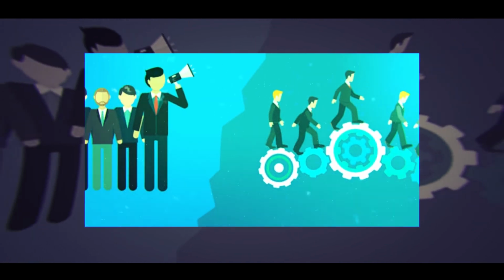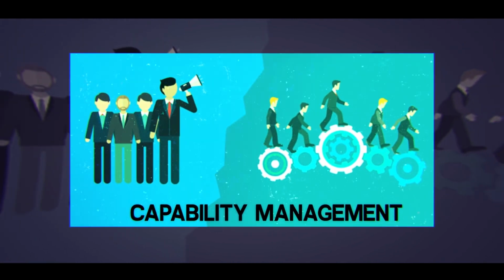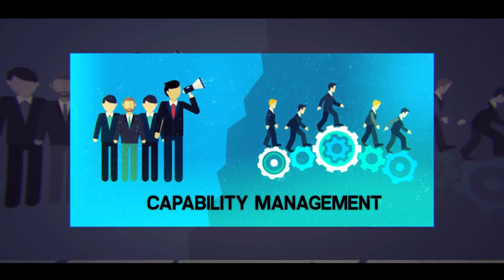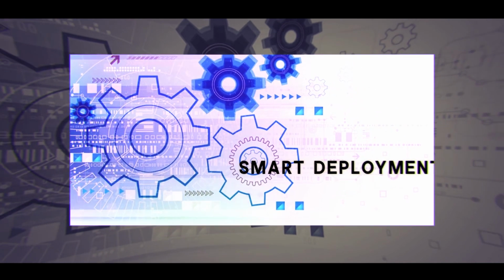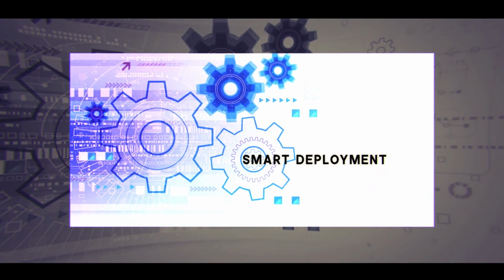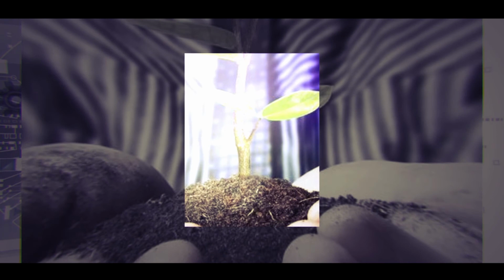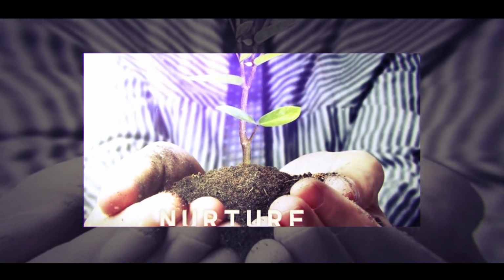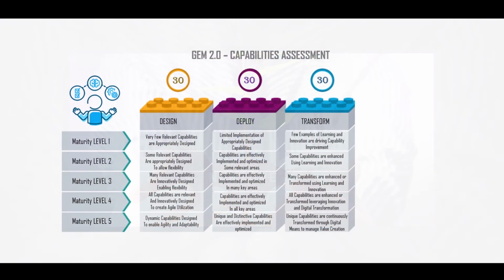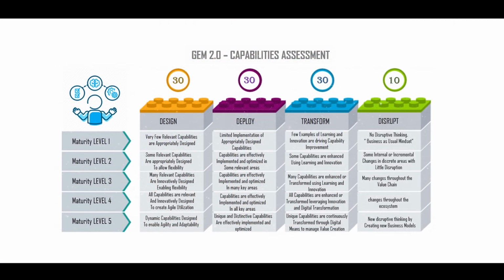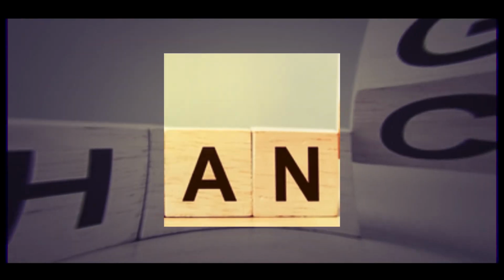Eventually, an organization that has the mastery of capability management through fitness for the purpose design, through smart deployment, through allowing the pervasiveness of digital transformation to help nurture and create the ecosystem, will start to consider disruption by looking at new thinking with new ideas in mind.